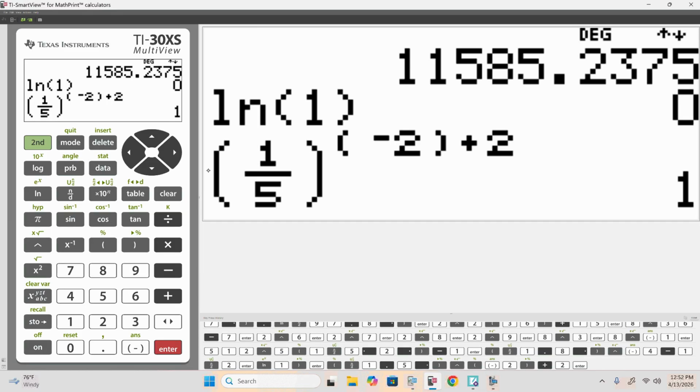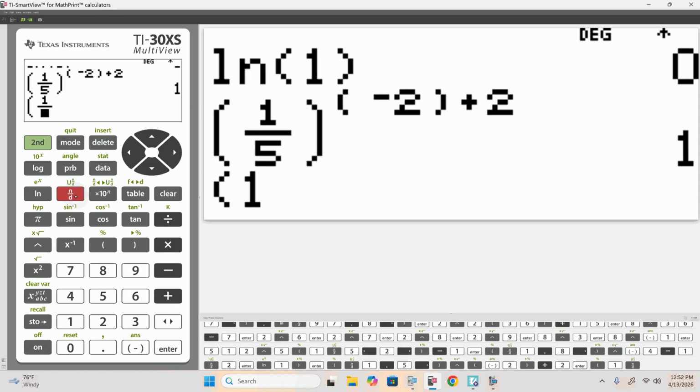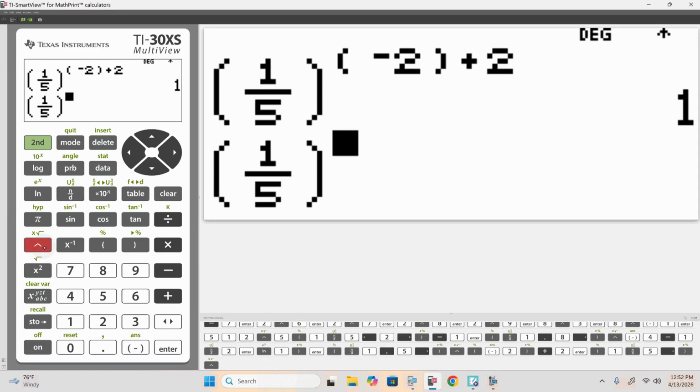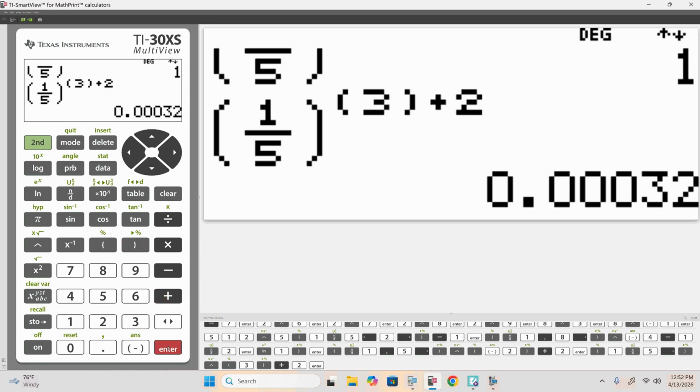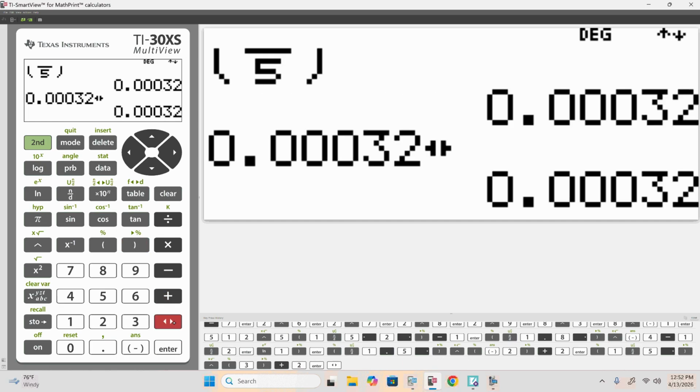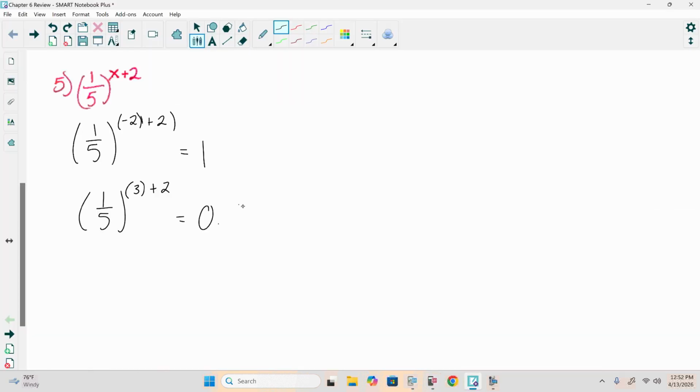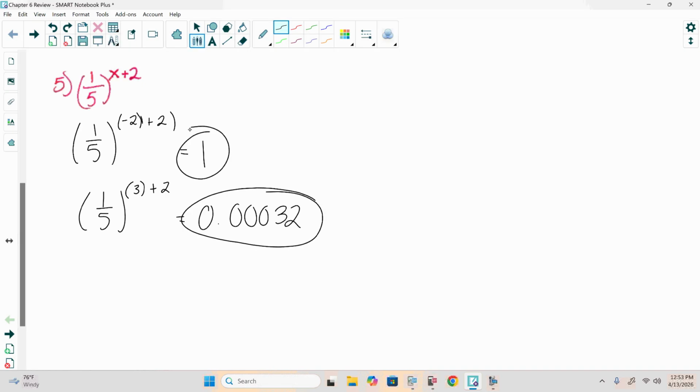Now 1/5 to the 3 plus 2, again, we can type it in, and get 0.0032. And those would be our two answers. Any other questions or any others on 1 through 5 that y'all want to look at?